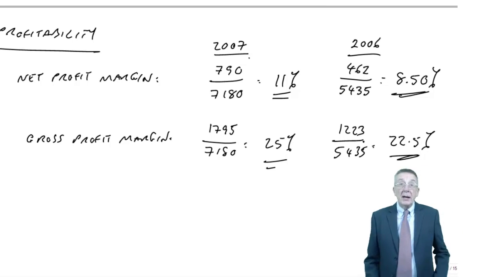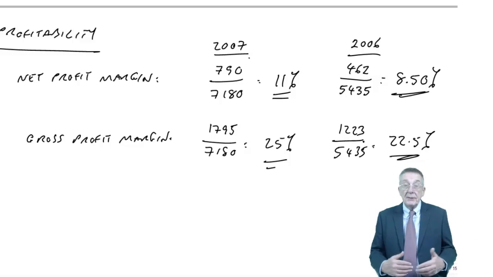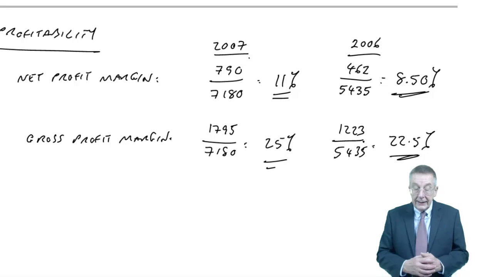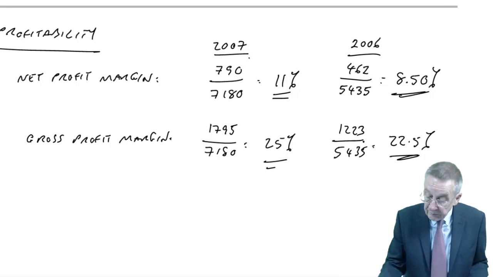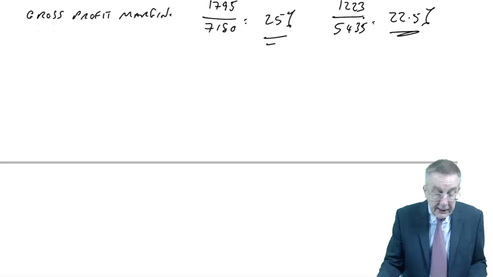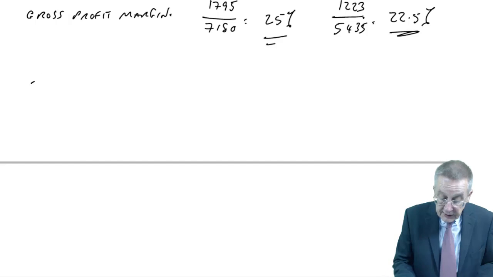We've increased the gross profit margin. Either we're selling things at a higher price, or we've managed to cut the cost of the goods we're selling. But either way around, it looks fine. Next one, the most important one of all, to be honest, the return on capital employed.